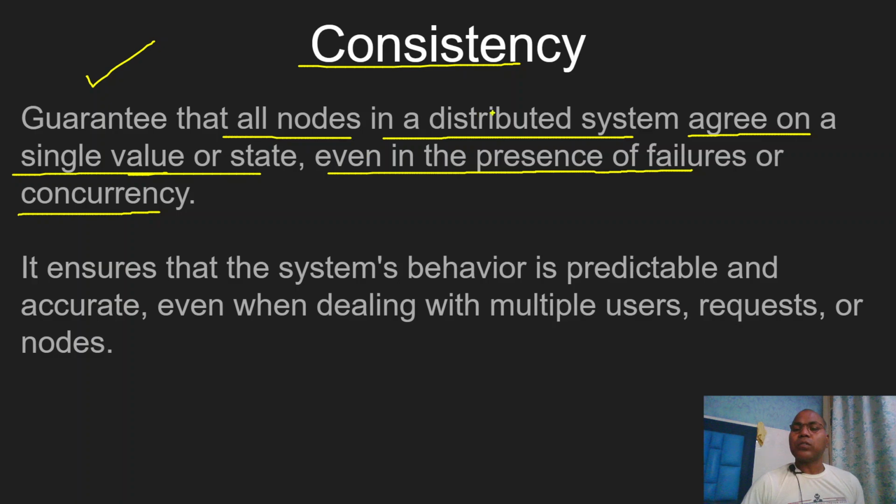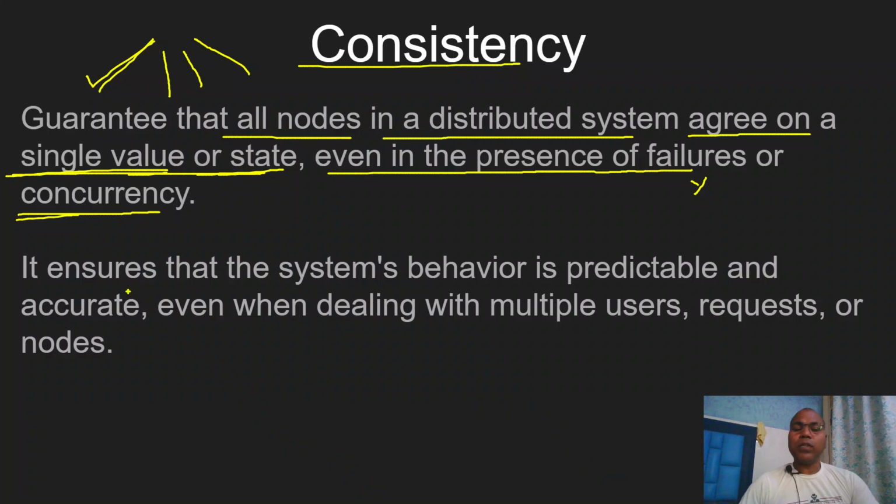Failure may happen, or concurrency means multiple requests at the same time try to read the same data. Whatever the value or state, meaning the current updated value, must be guaranteed.